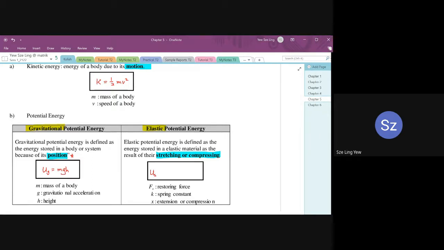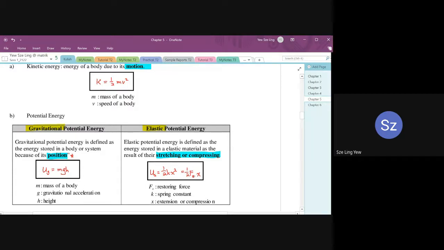We use subscript S because it often happens in a spring, or a restoring force. It equals 1 over 2 kx squared, or at the same time, it can be written as 1 over 2 Fs x. F is the restoring force.